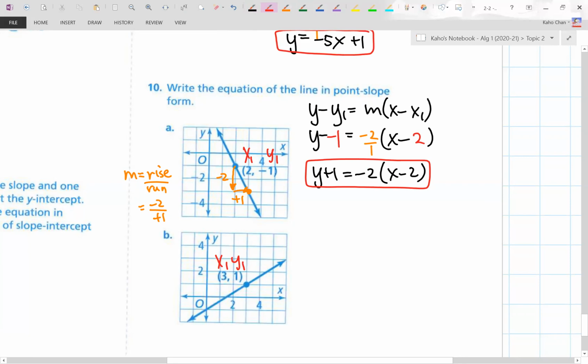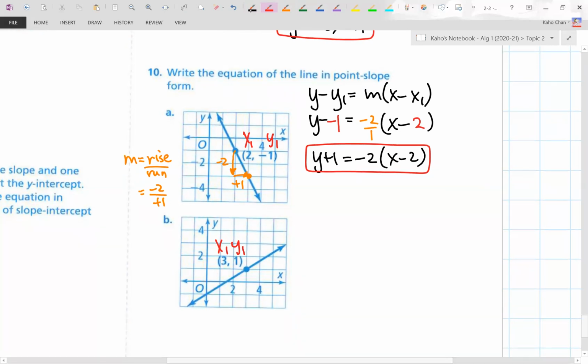Let's go ahead and do B, the last one. Same way. Yay. All right. Slope. Oh, okay. Let's try this point right here.